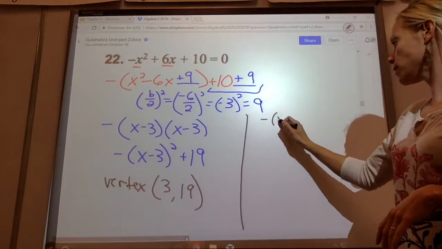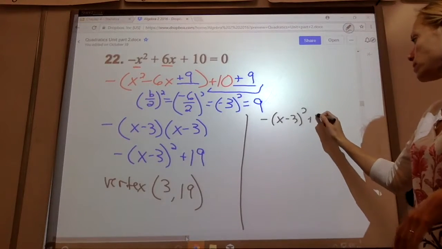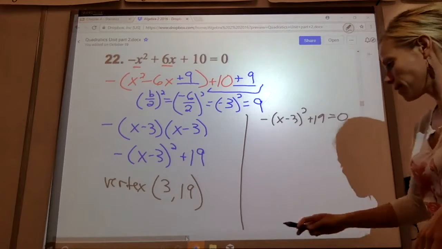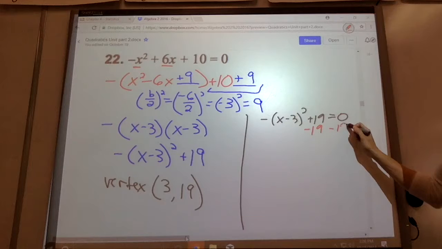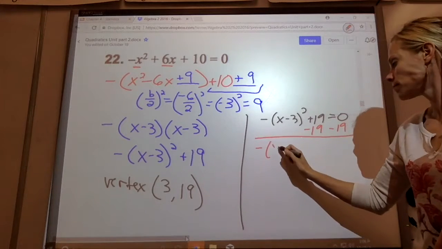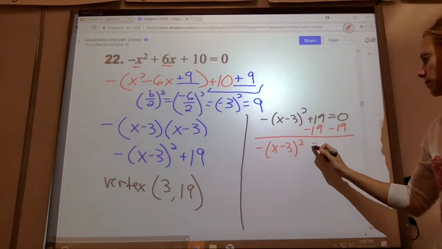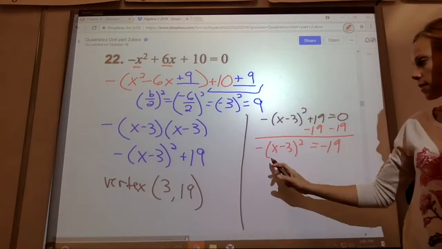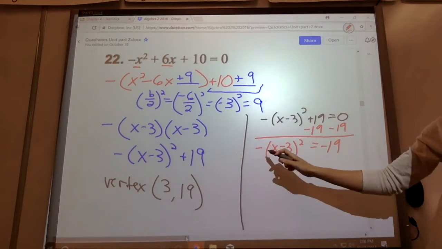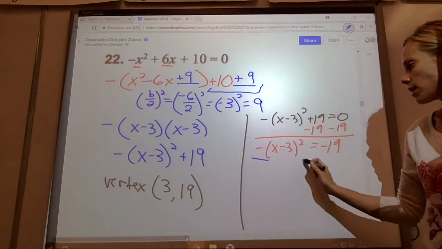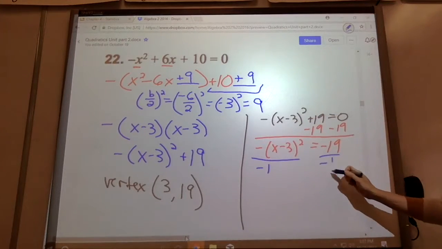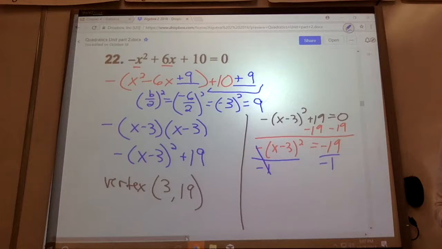And then I can solve it. So negative (x minus 3) squared plus 19 equals 0. Solve for x, I would subtract 19. To get rid of this negative out here, you're multiplying by negative 1. So I would have to divide both sides by negative 1 to get rid of that.